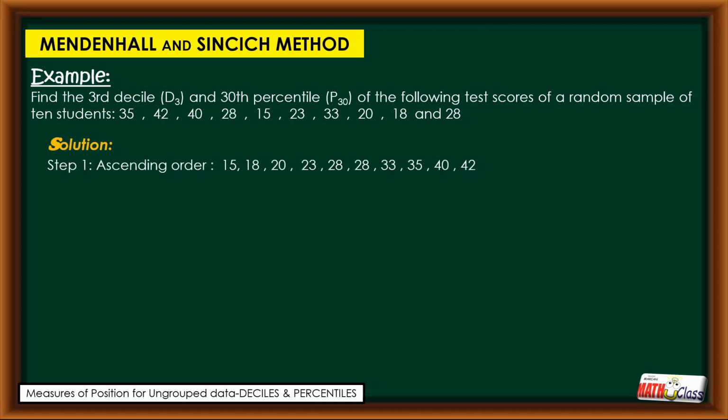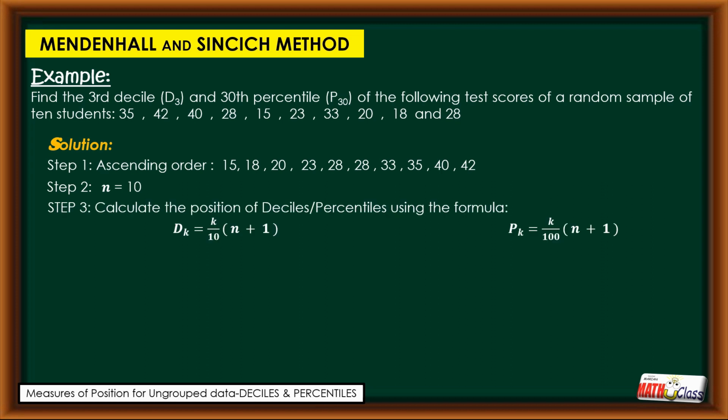Arrange the data in ascending order, so from least to greatest. We have here the arranged data. Step 2. Find n or the total number of elements. In this example, the number of elements is stated in the problem, so our n is 10. Step 3.